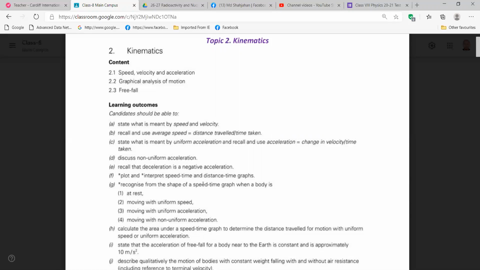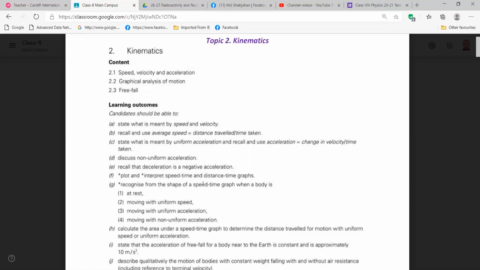Displacement is a vector, right, sir? Yes, distance towards a particular direction is displacement. As it has direction, it is also a vector quantity.